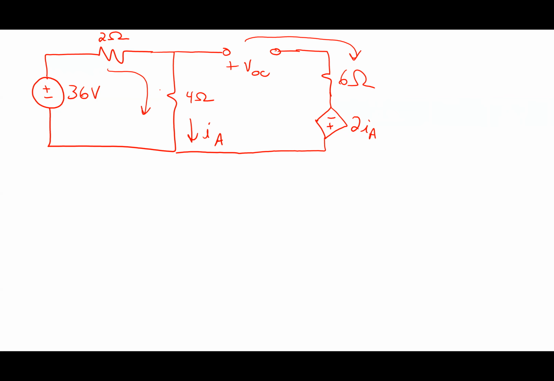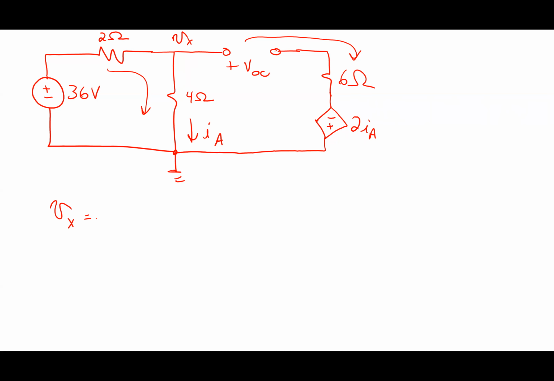So I got a voltage divider again, right? So if we still want to call this VX, we can do that. Right? VX right there, the voltage at that node is the same as the voltage across that 4 ohm resistor. Right? So VX is equal to what? Using the voltage divider. So we said voltage divider is basically the current in the loop times the resistance that current's flowing through, right?